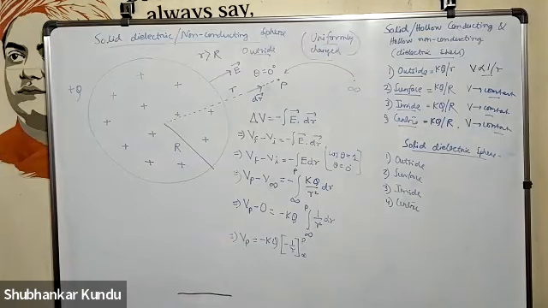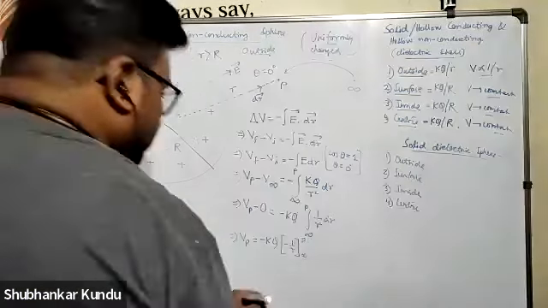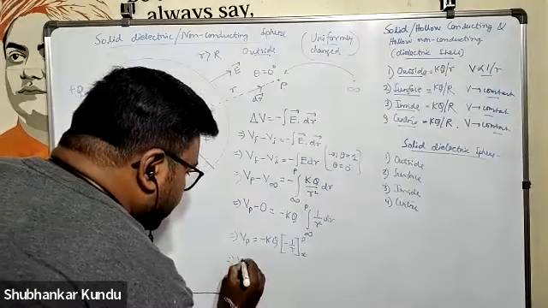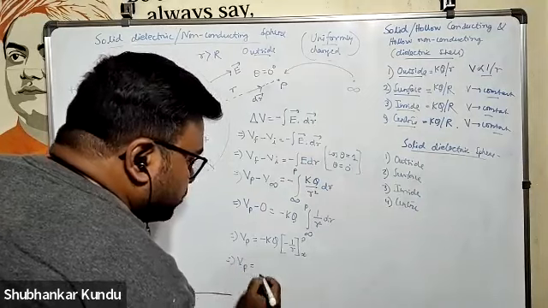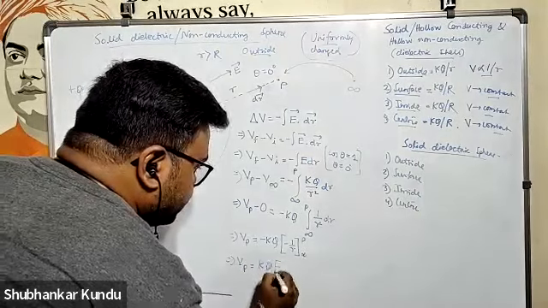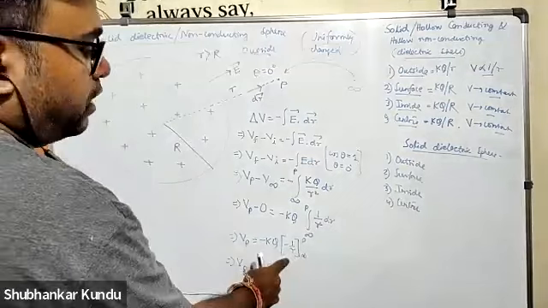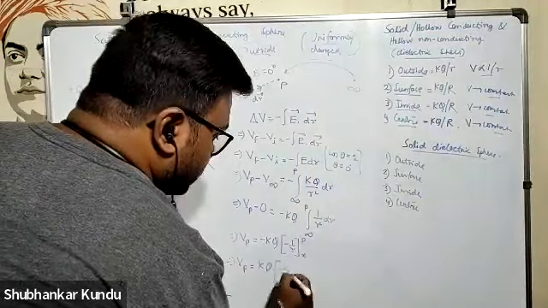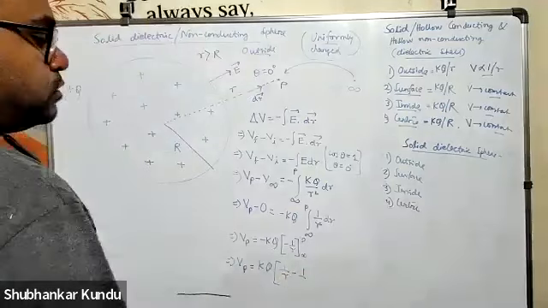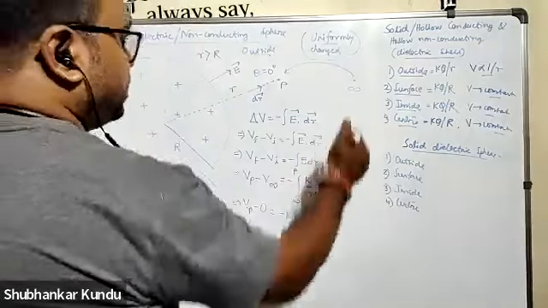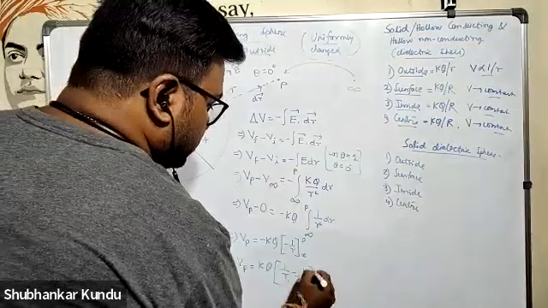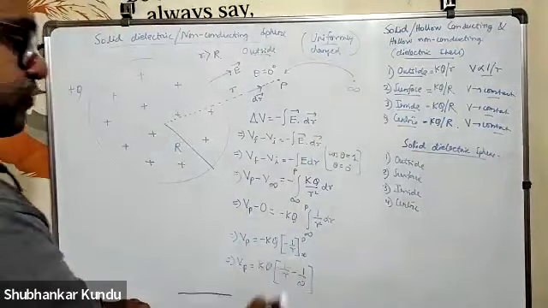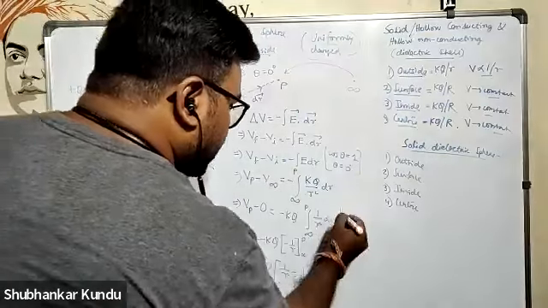So Vp is equal to plus KQ times the value of 1 by r at P minus the value at infinity. 1 by infinity is 0.